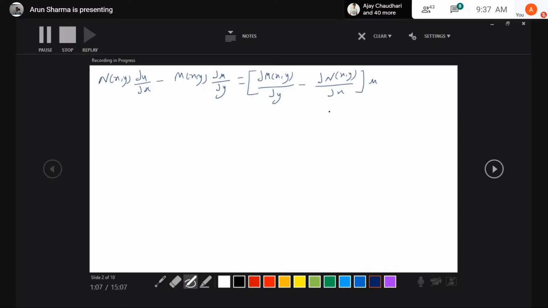If you recall the linear equation dy by dx plus Py equals Q, and you see the integrating factor, I have proved it: the integrating factor is e to the power integral P dx. So basically I want to find out this mu now.